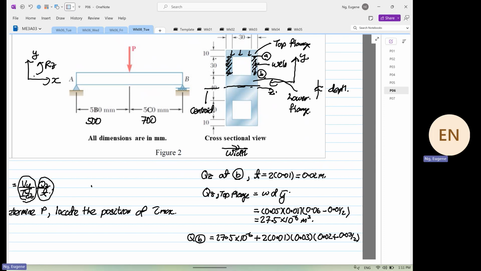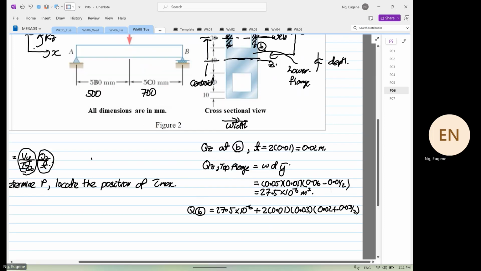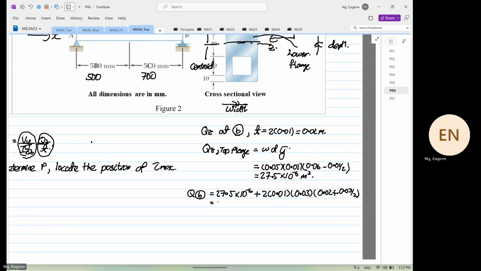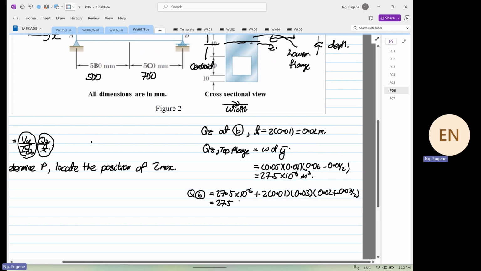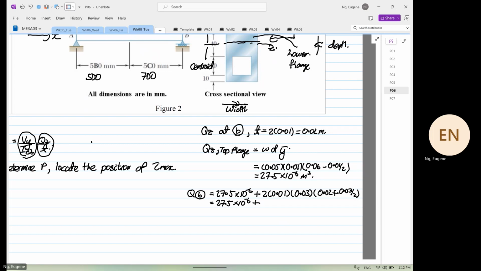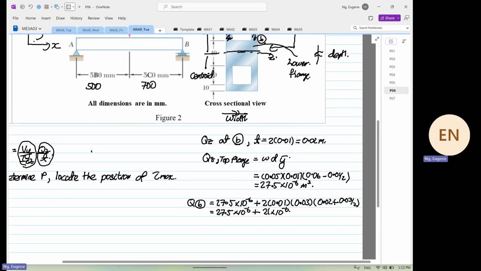Can you all visualize this? So we are taking this distance now. Okay. So from here, you have 27.5 times 10 to the power minus 6 plus 0.02 plus 0.03 divided by 2 times 0.03 times 0.01 times 2 is equal to 21 times 10 to the power minus 6. Let me do it again, okay?